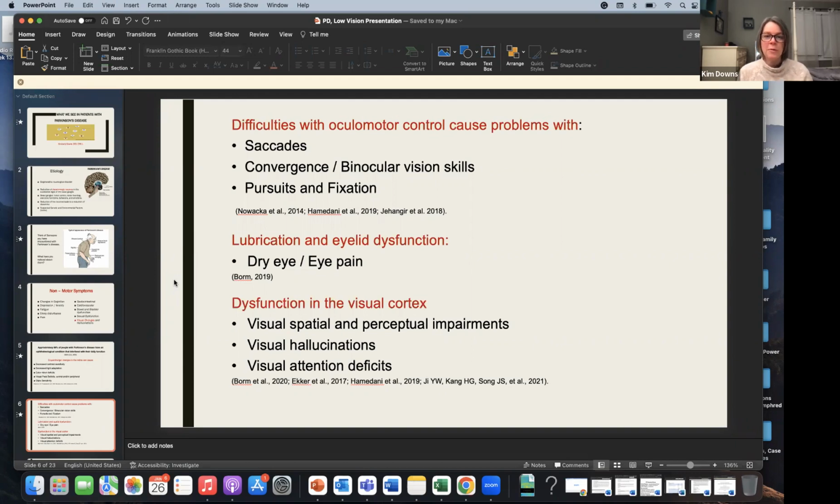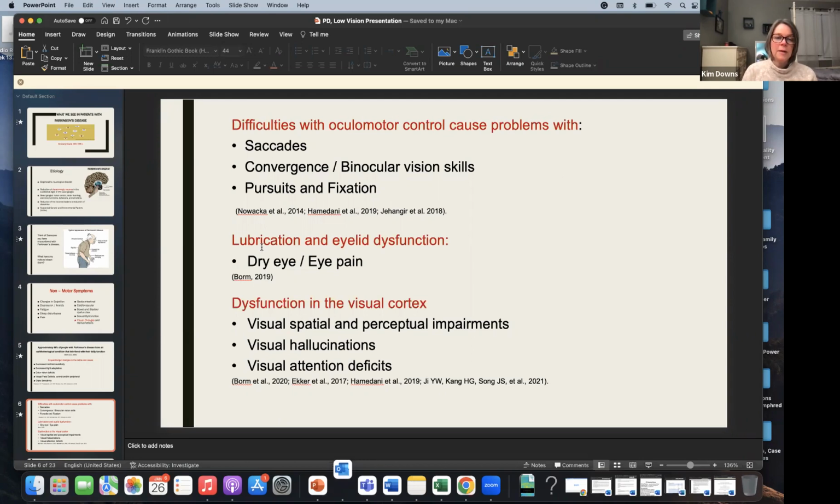They also start to have problems with controlling their eye muscles, which can cause problems with saccadic function, so being able to jump their eyes from one target to the other, convergence, including binocular vision skills, so eye teaming with the saccades for the convergence, and for pursuits and fixation. So these ocular motor issues, if the eyes are not teaming properly or converging properly, can also lead to double vision. It can be a common complaint.